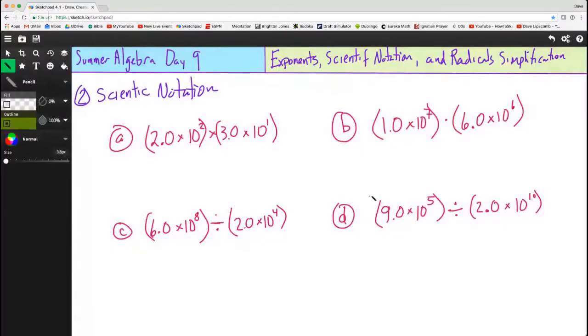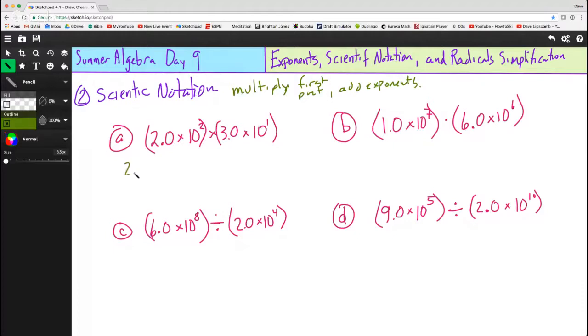All right, now we're going to do some examples of multiplying and dividing numbers in scientific notation. If you remember from class, the way that you do it is you multiply the first part, and then you add your exponents. And we showed you why that's true in class. What's the idea?